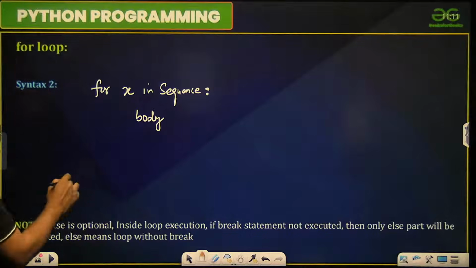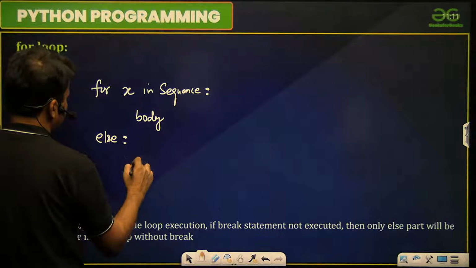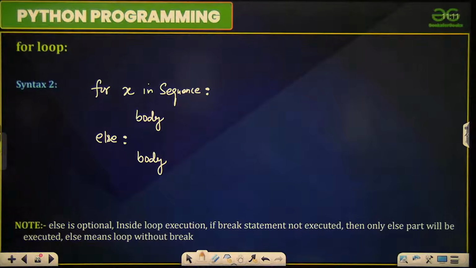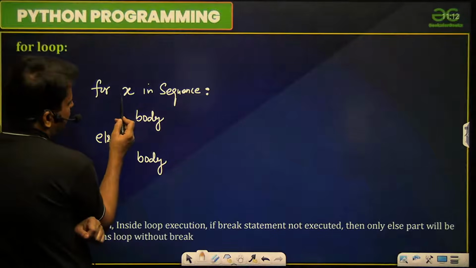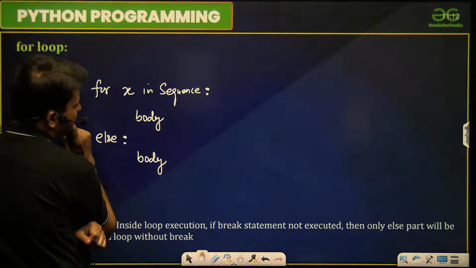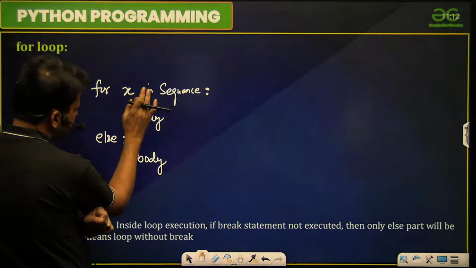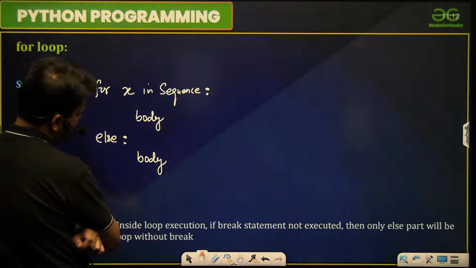Else, this is the else body. Sir, what is the meaning of this, student? For every element present in this sequence, this body will be executed, right? And after complete iteration of this loop, this else part will be executed, student. Understood?